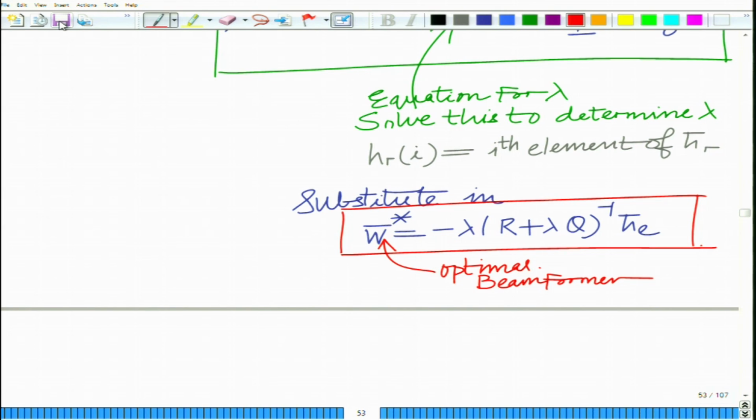That basically gives the equation for lambda, and you substitute this to get the optimal robust beamformer.